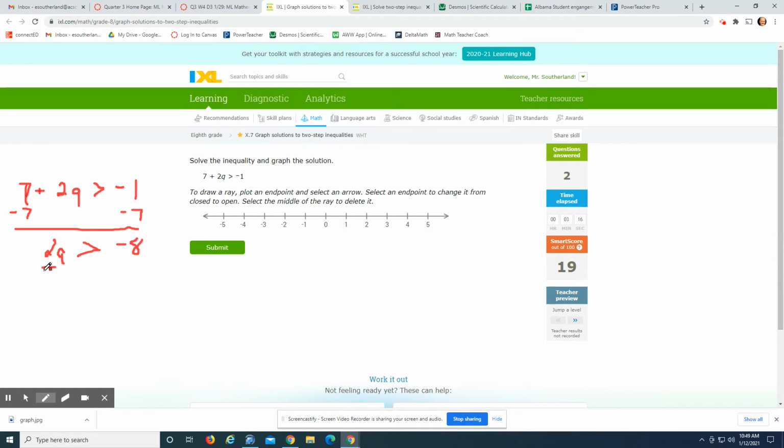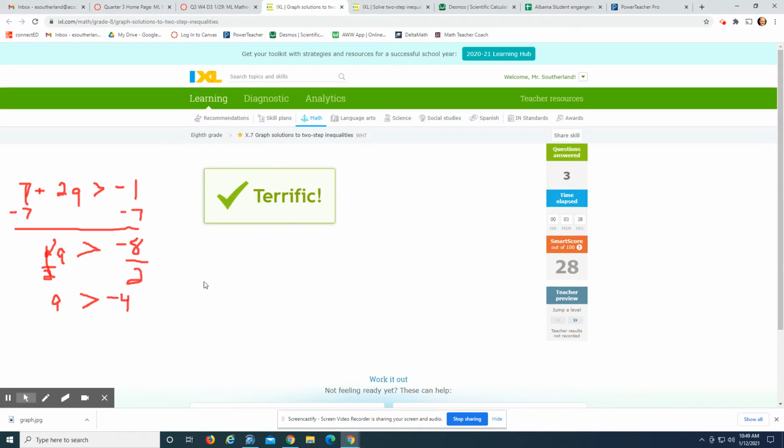We're going to divide by 2. I don't know if it's just a coincidence that we keep getting negative 4. But q comes down. The sign stays the same. And then negative 8 divided by 2 is negative 4. Again, we're going to click negative 4. We're going to click it twice because the equal sign's not there. And greater than, again, is to the right.